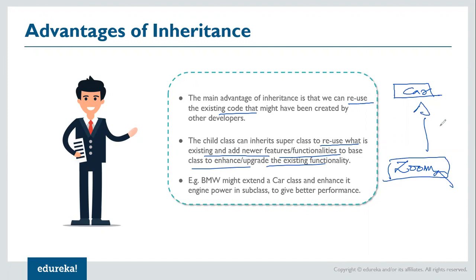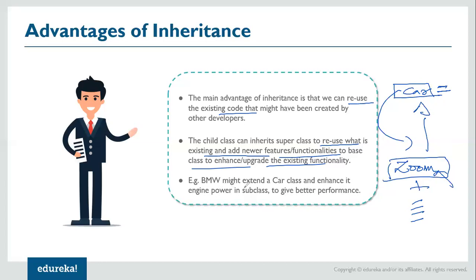So as I said, when you inherit, you get what is available in car. Of course, what you get will depend upon the access modifier in this class. This concept of access modifier I have covered in a separate module on access modifiers. Please refer to that. But what is there in car you get in Zoom, and additionally you can add new features that you want to enhance a car class and then build a Zoom car of your choice.